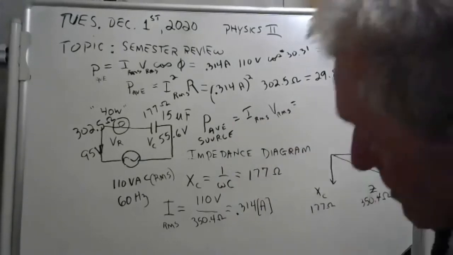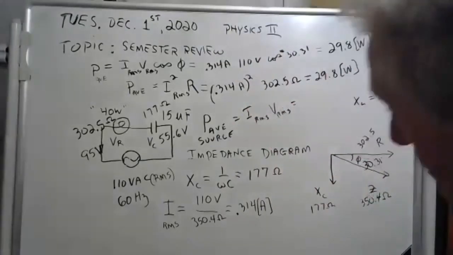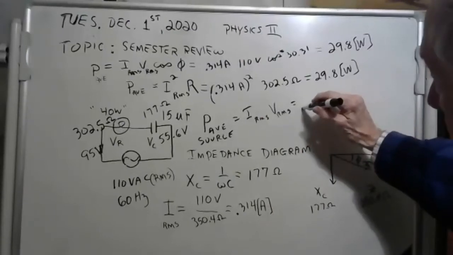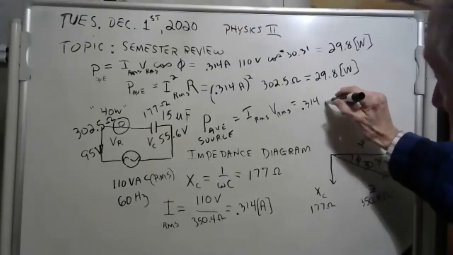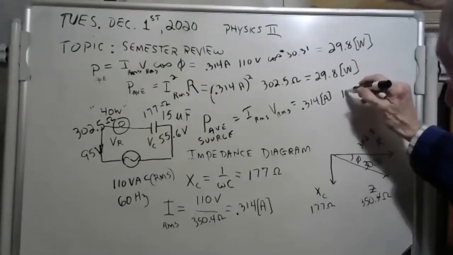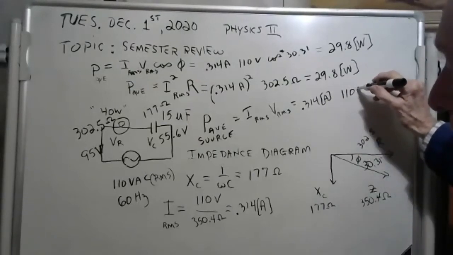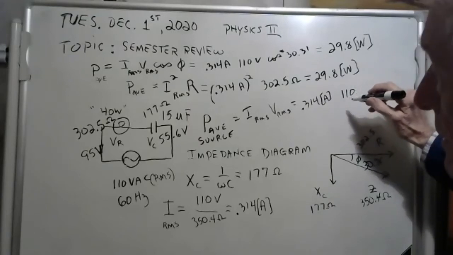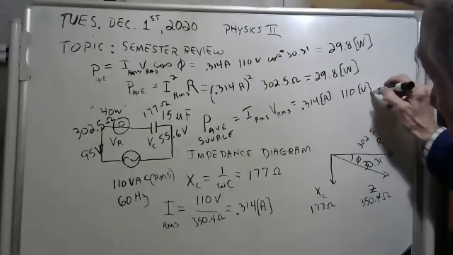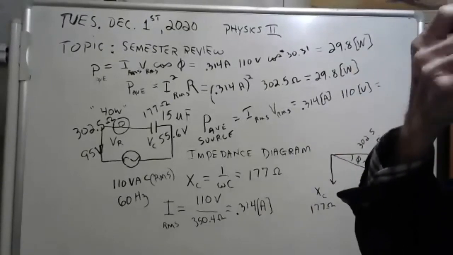Well, let's try that and see what happens. The RMS current is 0.314 amperes. And the RMS voltage is 110 volts. Multiply that and tell me what you get.